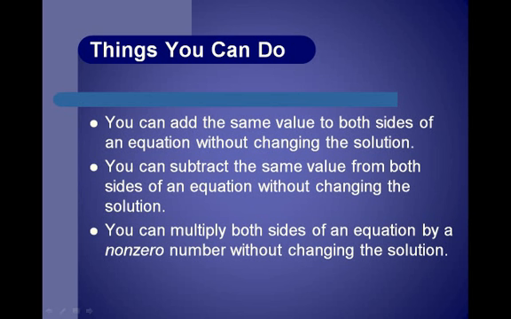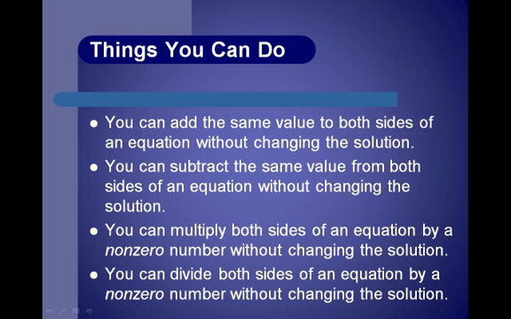You just can't use 0, because then your equation becomes 0 equals 0, which has no solution. Also, you can divide both sides of an equation by a non-zero number without changing the solution. Remember, you just can't divide anything by 0.